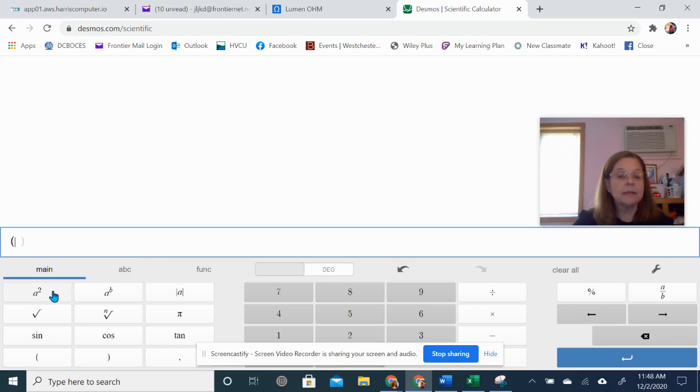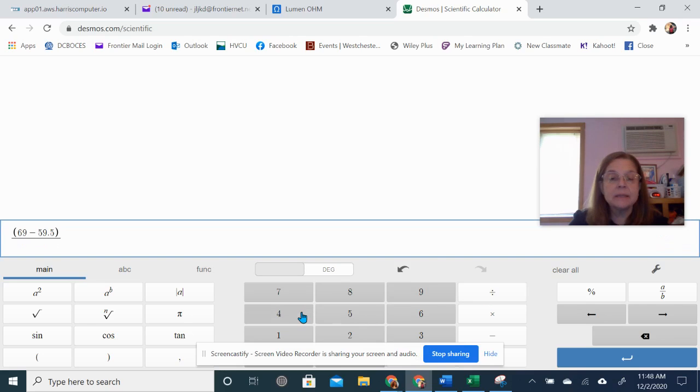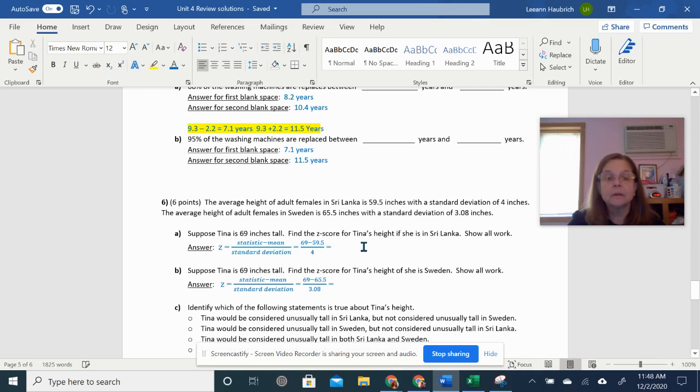I think I'm going to use a set of parentheses. 69 minus 59.5, that would be on the top, and that's going to get divided by the standard deviation of 4, and it's 2.375.